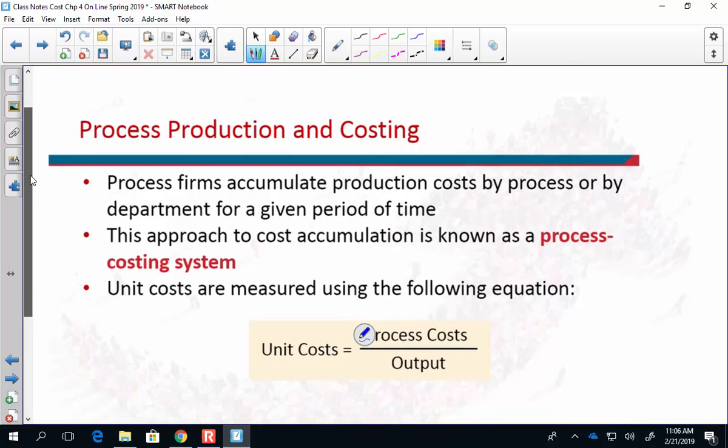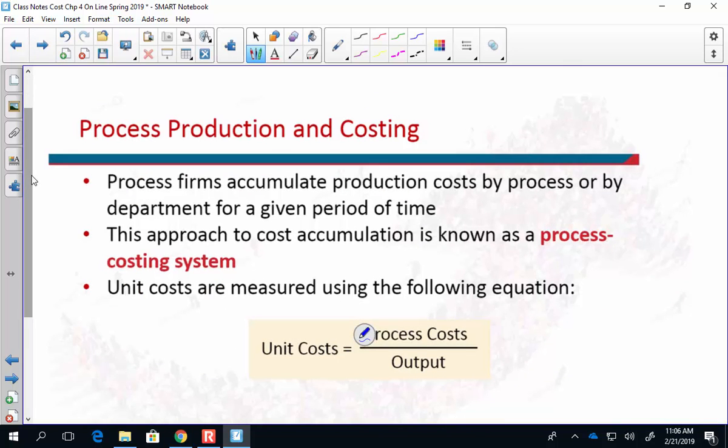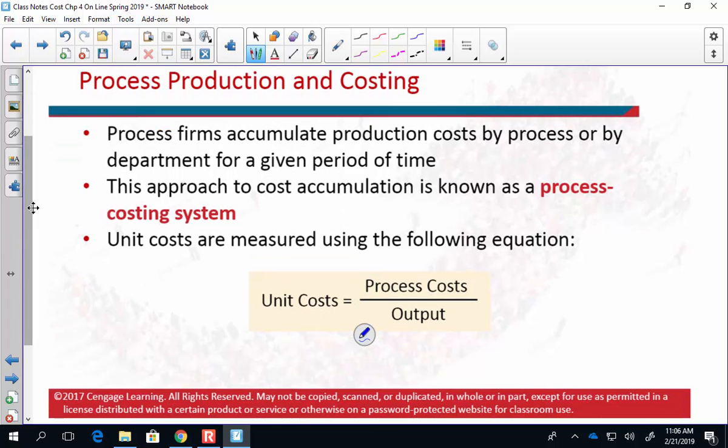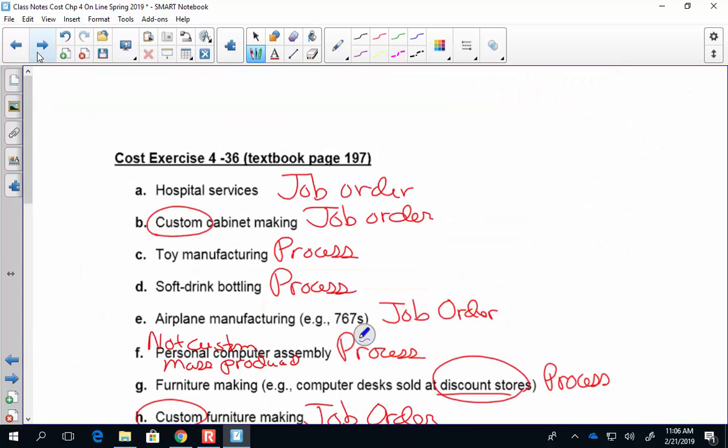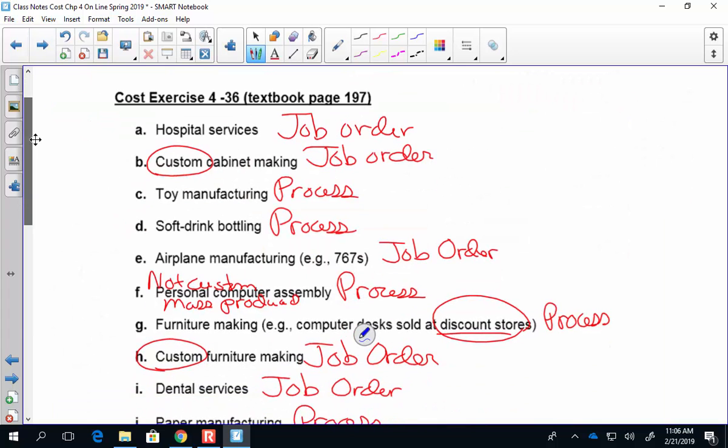And remember, whether we use job order or process costing, the goal here is to come up with the cost per unit for our product. I also showed, as a tip, something from another course, where we've completed problem 36, just to get us into that mindset. This is on the test.